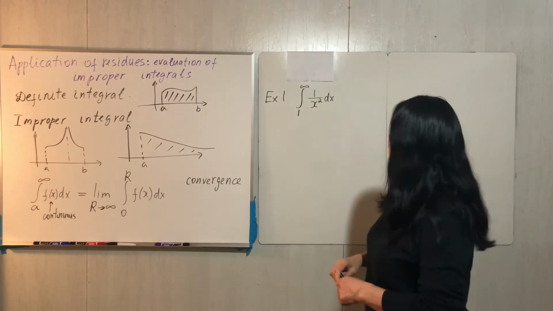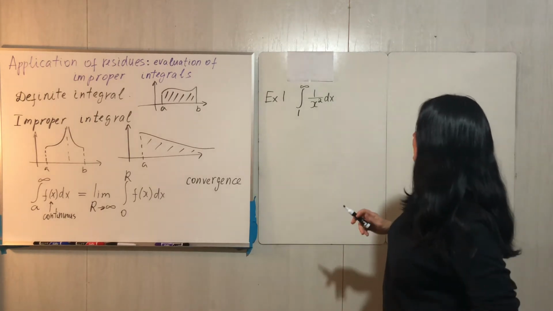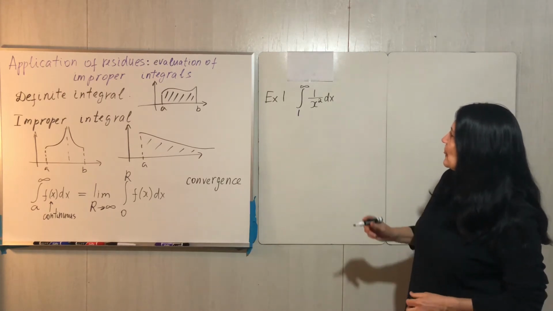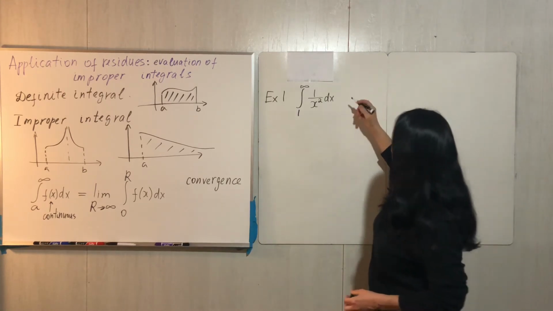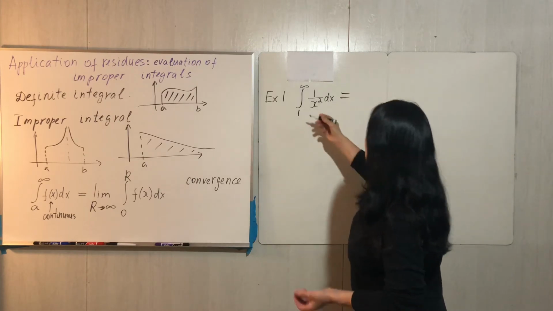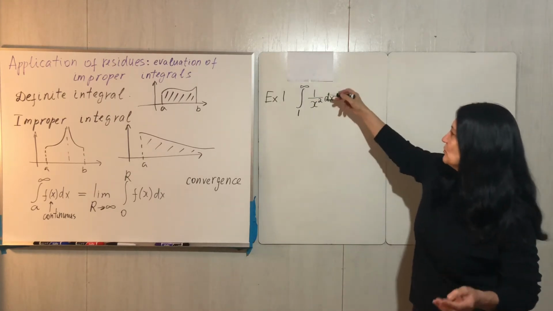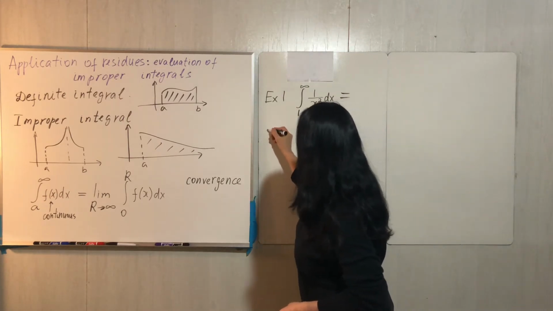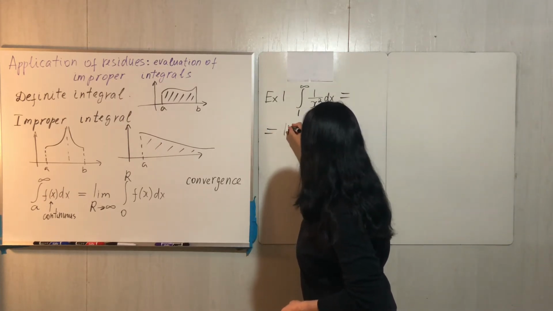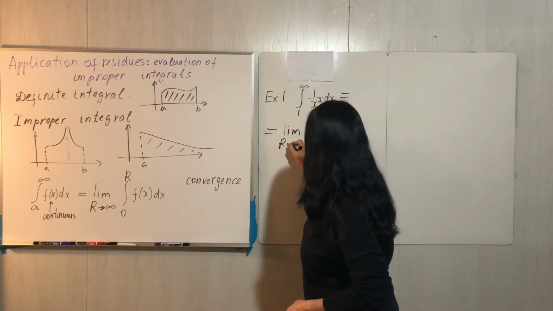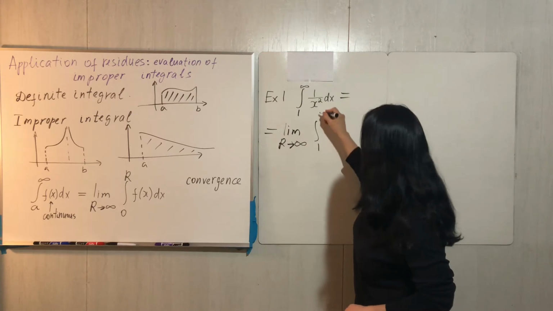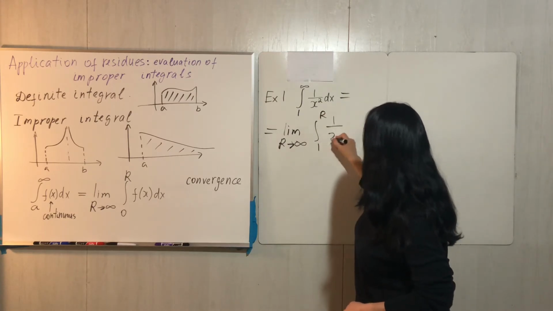So let's look at a couple of examples that I believe are familiar from calculus, just for you to get back to business. Take the integral from 1 to infinity of 1 over x squared dx. We use this definition. We write the limit as r goes to infinity of the integral from 1 to r of 1 over x squared dx.